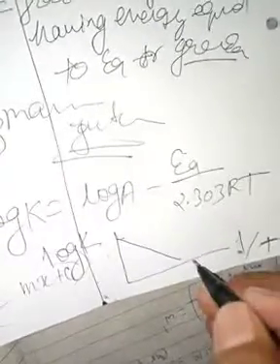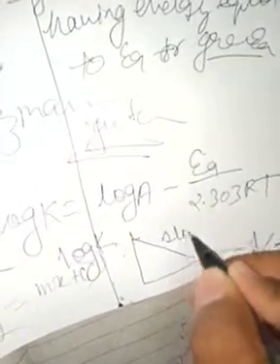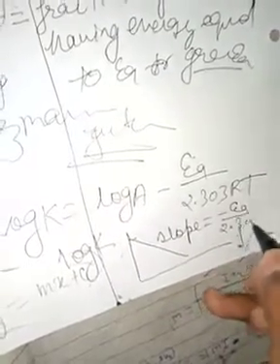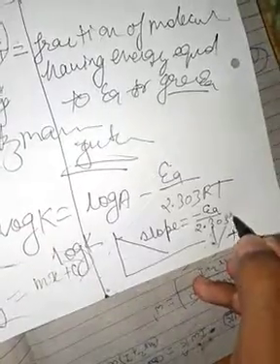We can derive the graph in the exam itself. The slope of this graph is minus Ea upon 2.303 R.